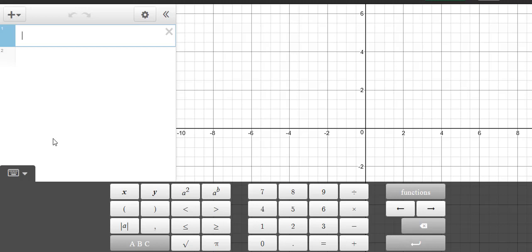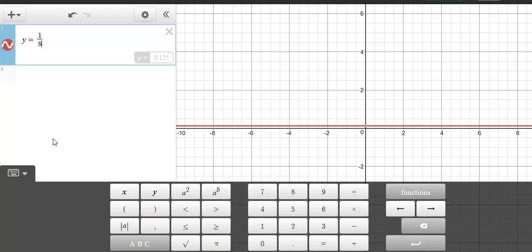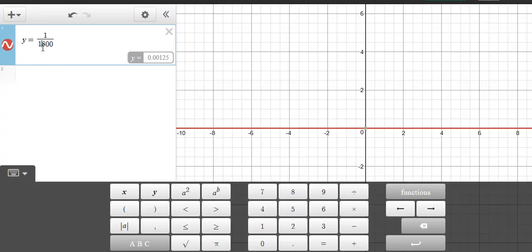We're going to start with y equals, and this is Desmos at desmos.com/calculator. I'm going to go 1, then hit the divided button and put, was it 800 or 1800? I'm going to have to flip back and forth. It's 1800.